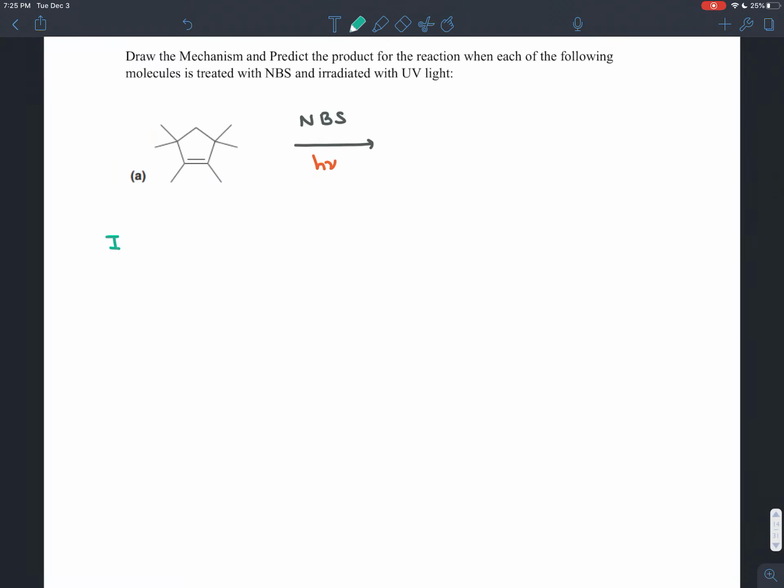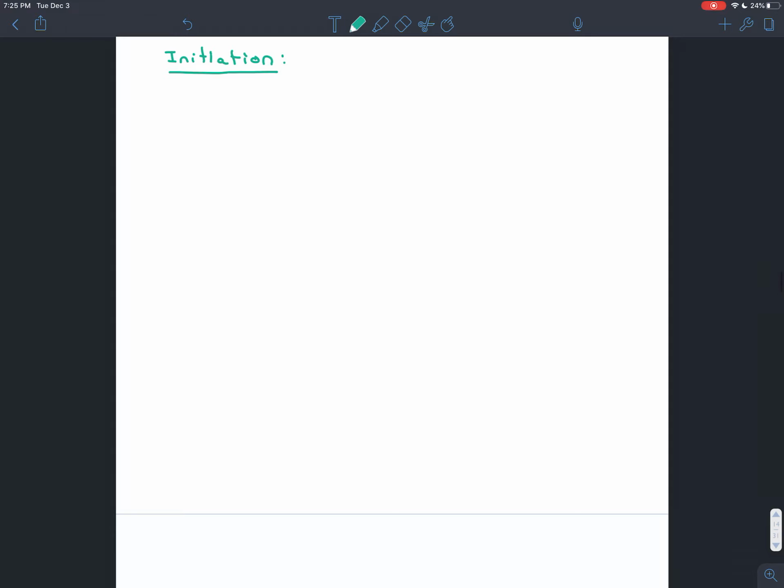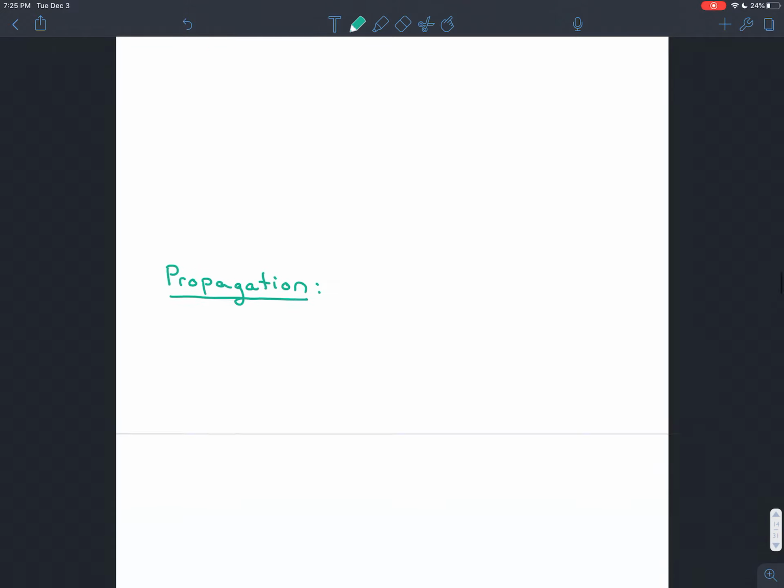So I'm going to draw initiation. That's the beginning. After that, we're going to have the middle, which is the propagation step. And then at the end, we will have the termination step.